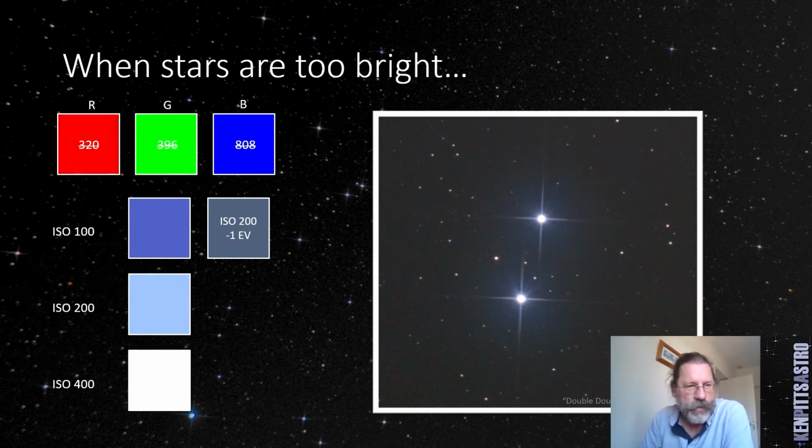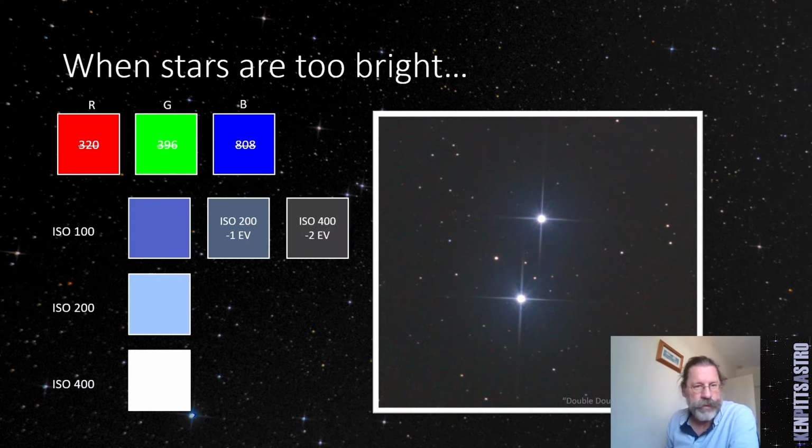If I turn it up to ISO 400, all of the numbers clip at the top, and you're left with effectively 255, 255, 255, and it makes white. And again, just to prove, if I now knock this down by 2 exposure values to bring it back in line with the ISO 100, you can see that actually all of the colour data has gone, and that star is now just pure monochrome.